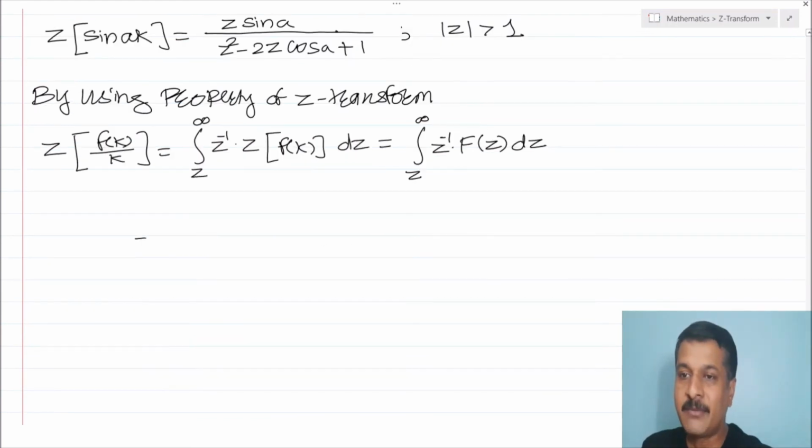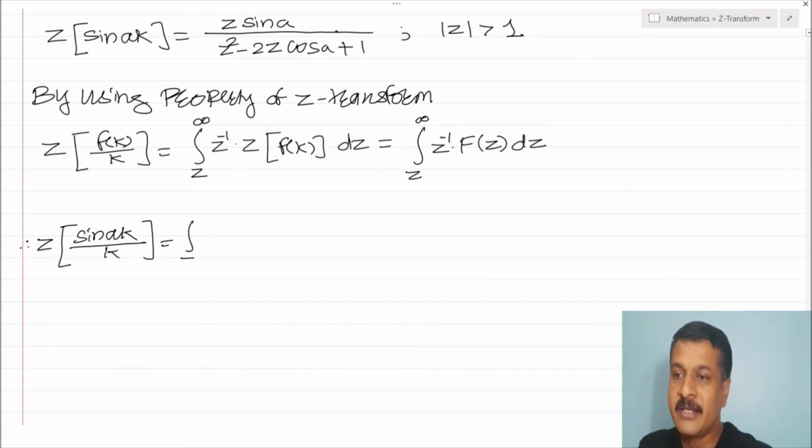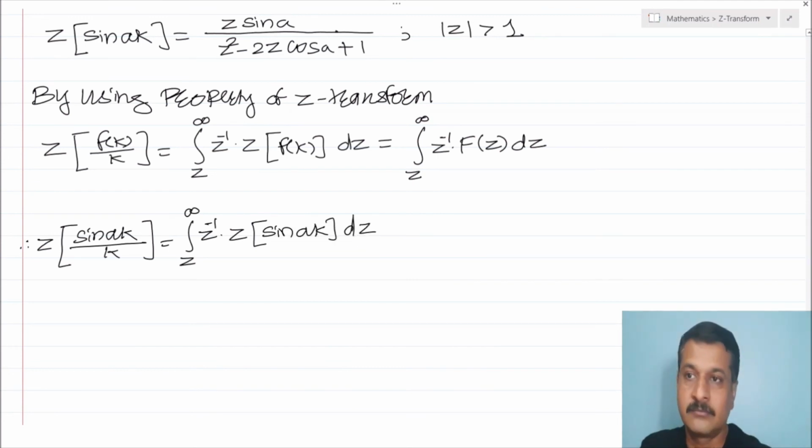So that is equal to the integration from z to infinity of z inverse into z into cos alpha, and therefore I am getting the z transform of sin ak upon k equal to the integration from z to infinity of z inverse into the z transform of sin ak dz. So if we denote, this is equation number 1.